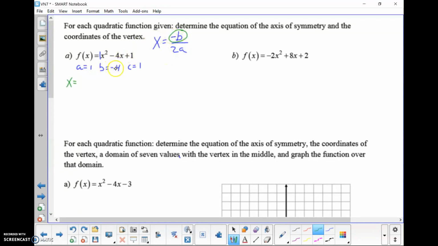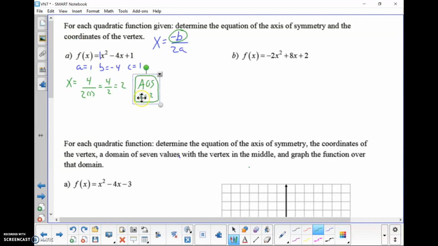But if I negate -4, remember a minus a negative becomes positive. So this is actually going to be +4 over 2 times a. A is 1, so 2 times 1 is 2. So I get 4 over 2, and 4 divided by 2 is 2. So that's the axis of symmetry. I'll write AOS sometimes. Axis of symmetry, we get x equals 2.